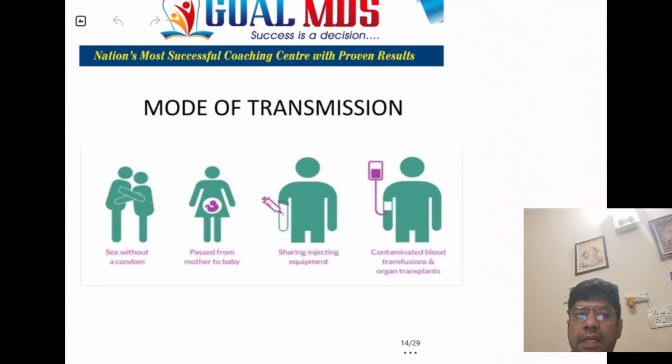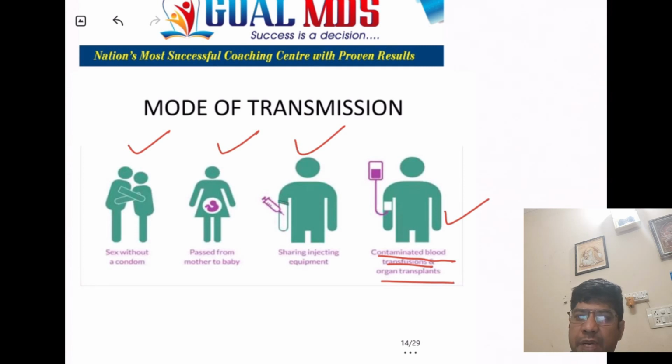HIV is transmitted through contact with certain body fluids like blood, semen, and vaginal fluids. It can be passed from mother to baby, by sharing injecting equipment, or through contaminated blood transfusions and organ transplants.